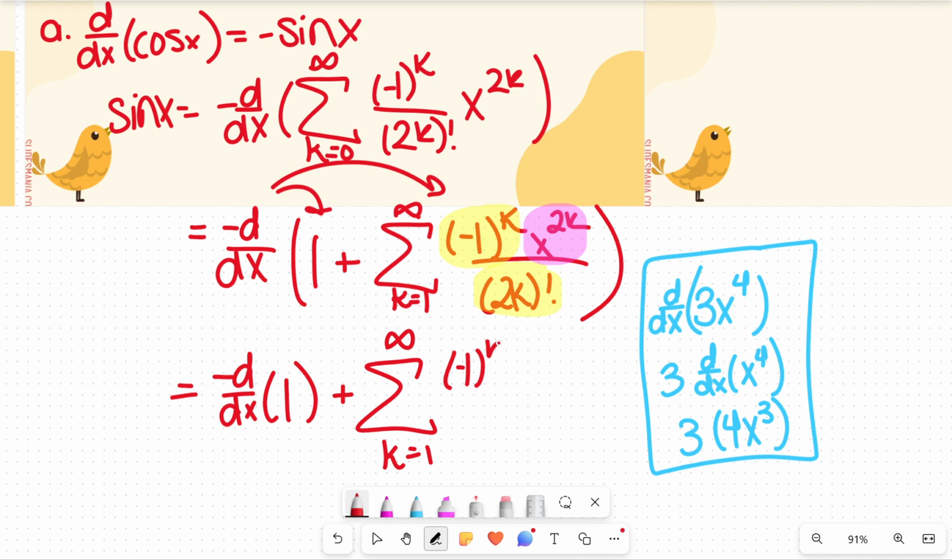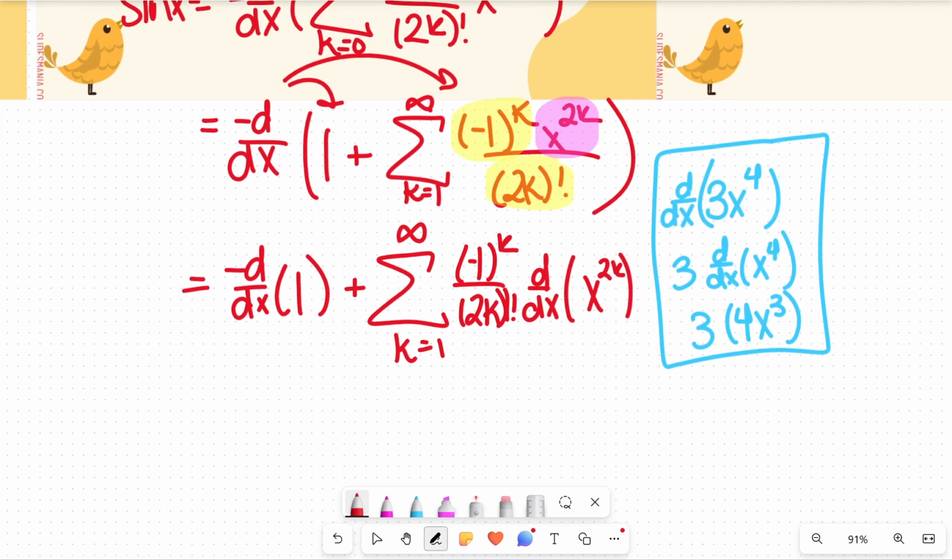My negative 1 to the k over 2k factorial is just hanging out. Really I'm only finding the derivative of x to the 2k power. I know that my derivative of 1 is just 0, and the negative of 0 is still 0.